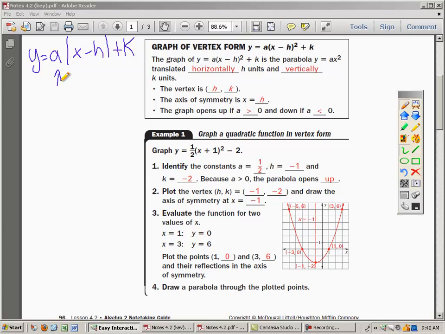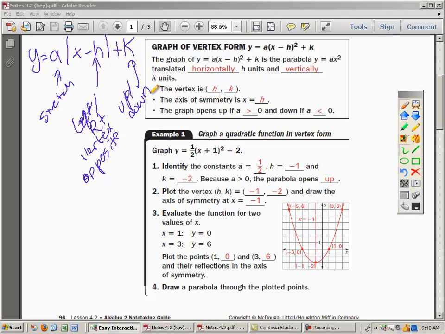This determines basically the slope or the stretch of the graph. This determined our left and right movement of our vertex, and remember it was opposite. And this number determined our up and down, whether the vertex moves up or down.